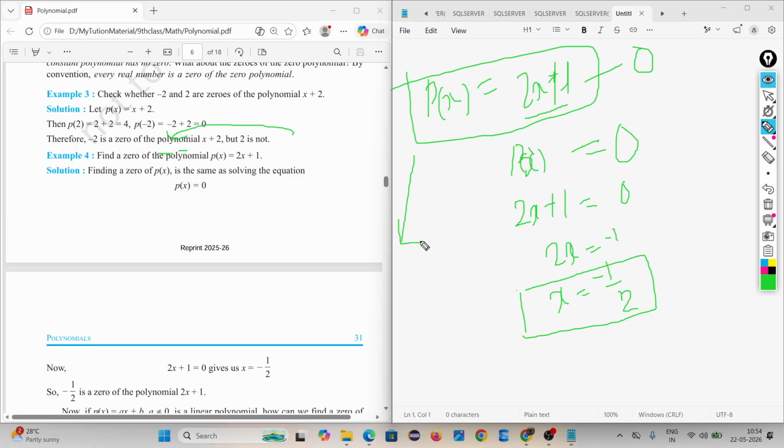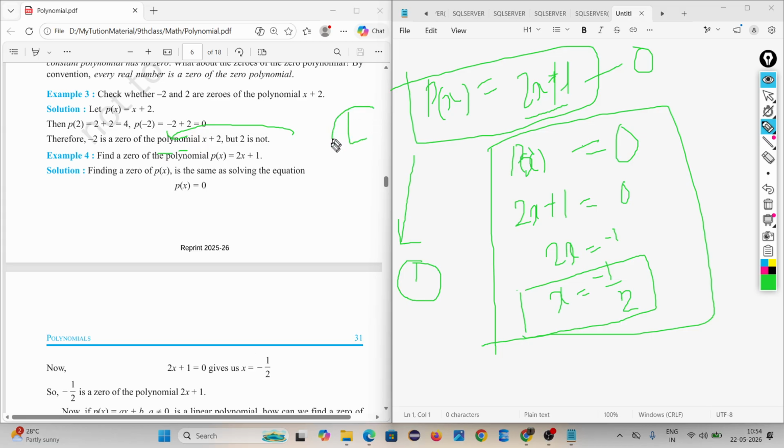Most of the time they will ask you to find the zeros of the given polynomial, and this is the step for how to find it. But sometimes they will give the zeros and you have to check which zeros are correct. If it is a linear polynomial, then 100% the only x value is minus 1 upon 2. By putting it in this polynomial, my polynomial becomes 0.